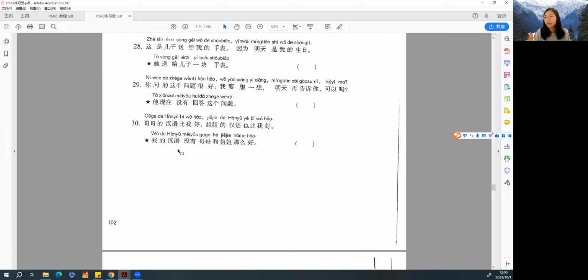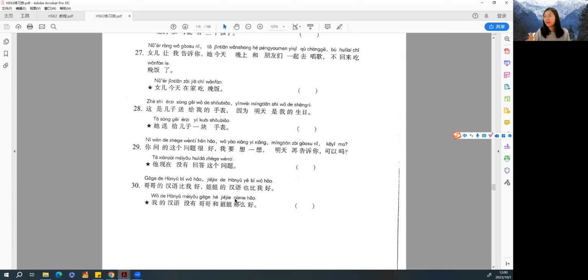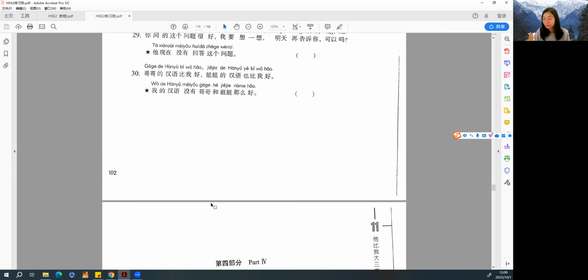Understanding: 我的汉语没有哥哥和姐姐好, my Chinese is not as good as 哥哥 and 姐姐, which is correct, right? That's totally correct. It's a tick over here. All right, so that's the part of the exercise we took a look at.